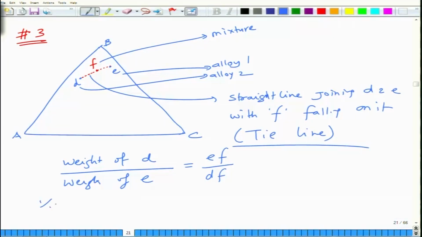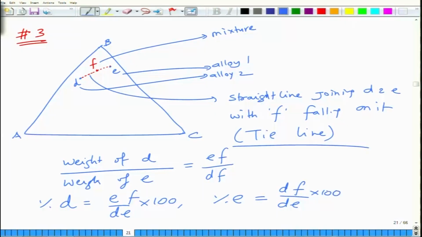So percentage D in this case is EF divided by DE into 100, and percentage E would be equal to DF divided by DE into 100. This is basically the lever rule that we are stating, that alloy 1 has a percentage EF divided by DE in the final alloy, and alloy E has a percentage DF divided by DE in the final alloy.